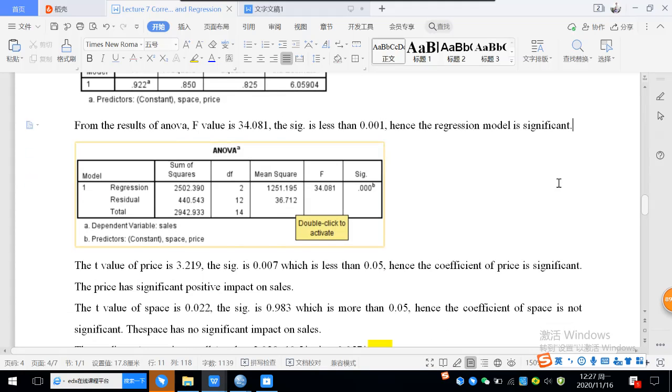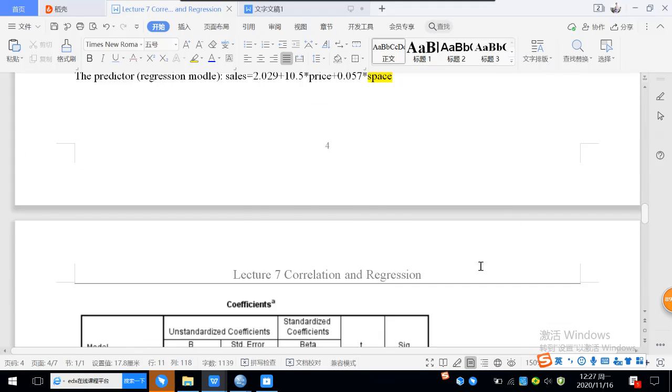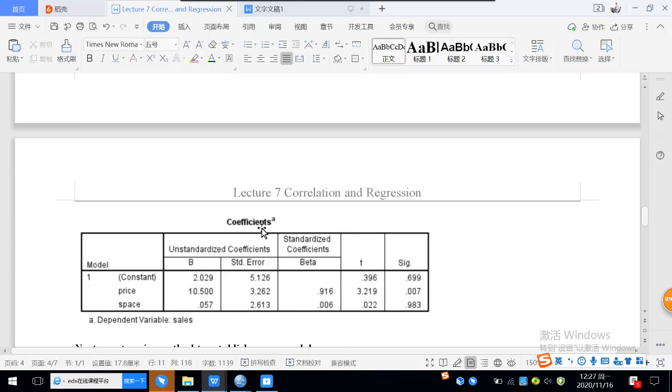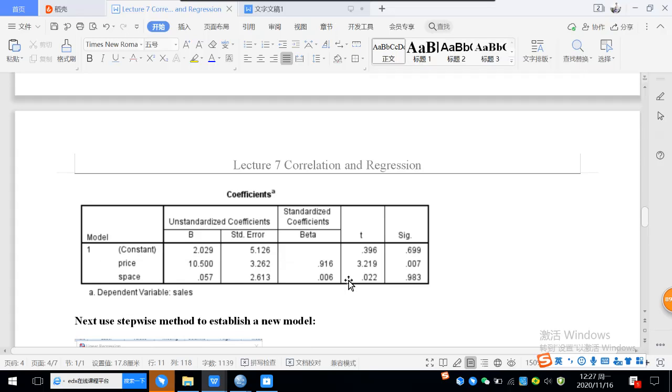Okay. Next, we will check if all the coefficients in the model are significant or not. And here is the result. For the variable price, the t-value is 3.219. The corresponding significance is 0.07. So it means the coefficient of price is significant.